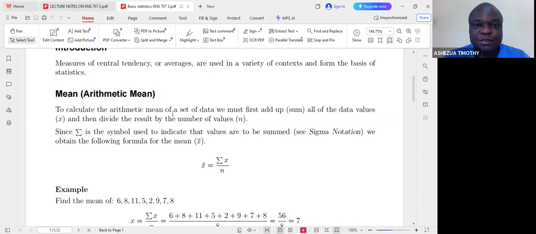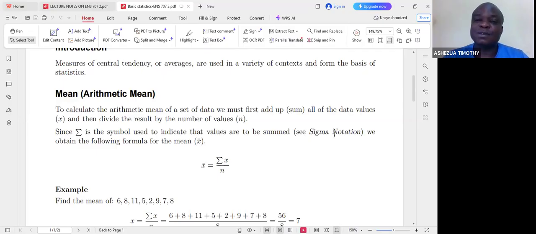To calculate the average mean of a set of data, we must first add up. That's sum. When we say add up, we mean sum, all of the data values, and then divide the result by the number of values, n. Since this is a summation sign, the symbol used to indicate values are summed, we call it sigma.